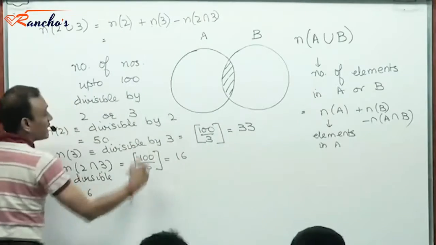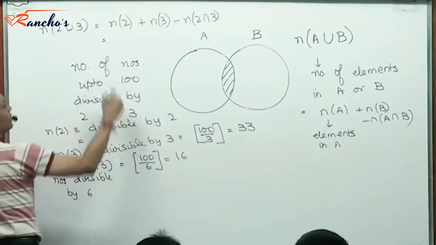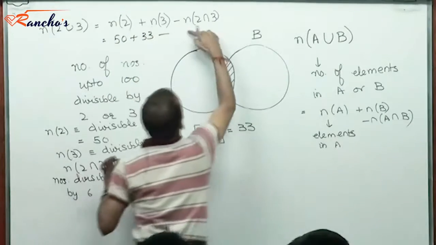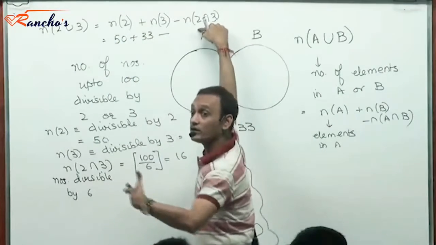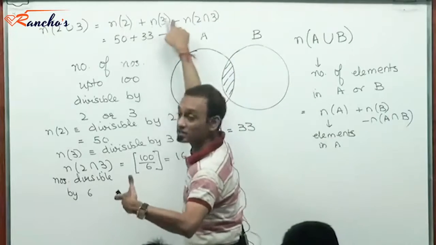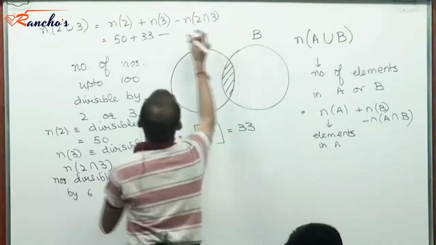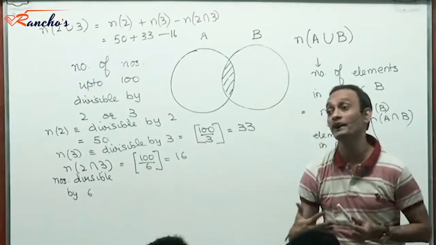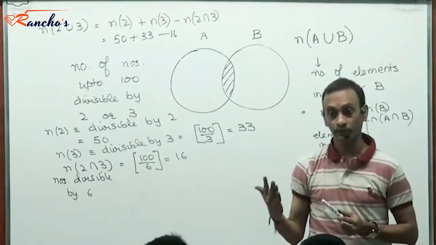So n2 is 50, n3 is 33, and this is the excess count, the overcounting done in this plus this. So you have to remove that overcount, and that is 16. That will be the number of numbers up to 100 that are divisible by 2 or 3.